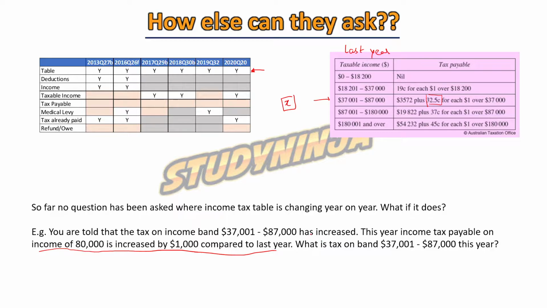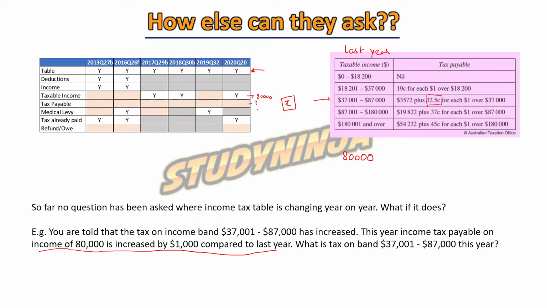So what you would need to do is first work out what the tax was on an income of 80,000. Last year you would work out on an 80,000 taxable income, using the table for last year, which is this table, for example. You will work out what was the tax payable.